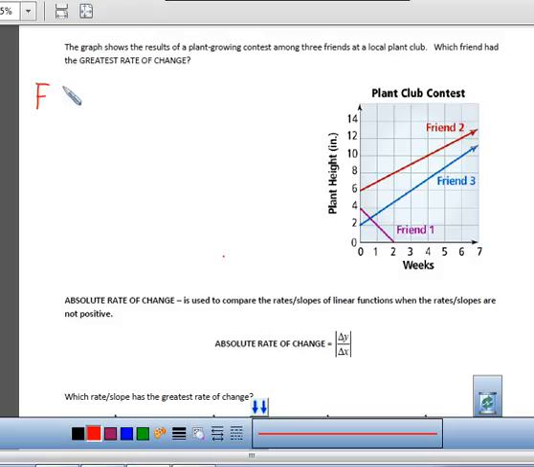So I have friend 1, friend 2. Actually, let's do this one at a time. Friend 1, and I'll use purple because on the graph it's purple. Friend 1 is going to be a change in y over change in x.